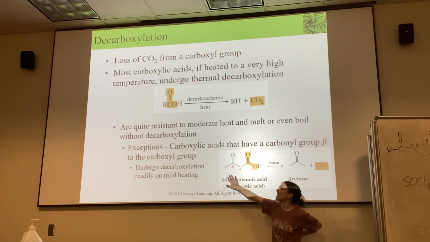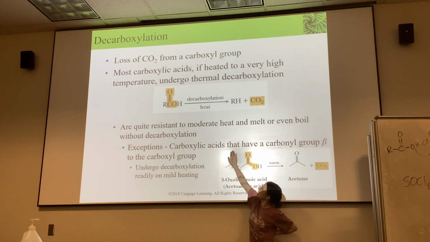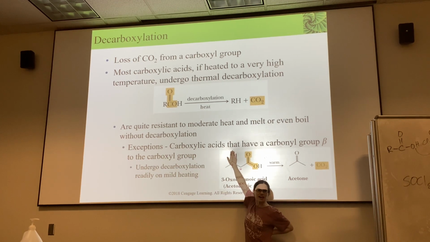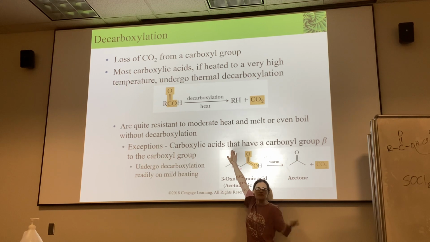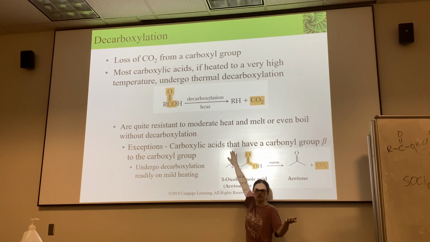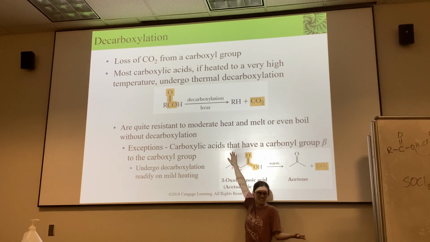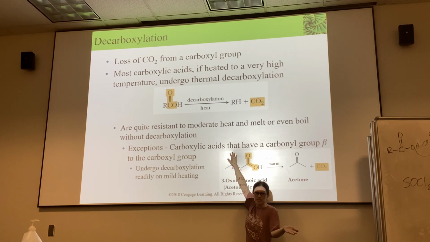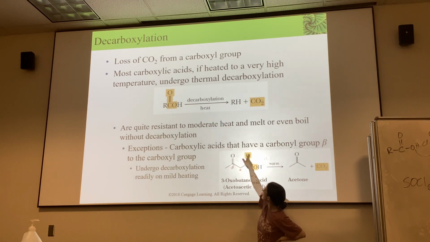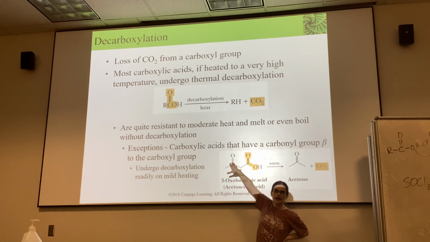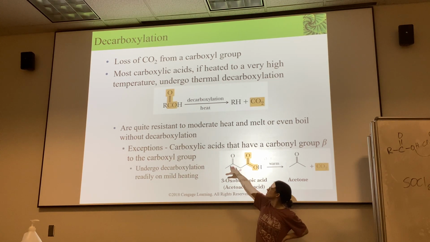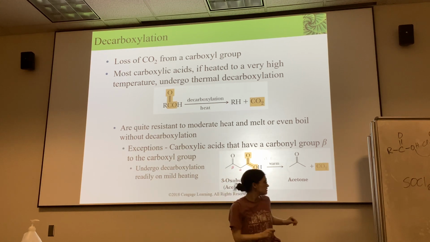Without this, you can heat all day long. If you heat vinegar, you don't just all of a sudden form a bunch of CO2 and it's not an acid anymore, right? That doesn't happen. So this isn't a thing for all carboxylic acids. This is just special carboxylic acids that have another carbonyl group beta to the carboxylic acid.